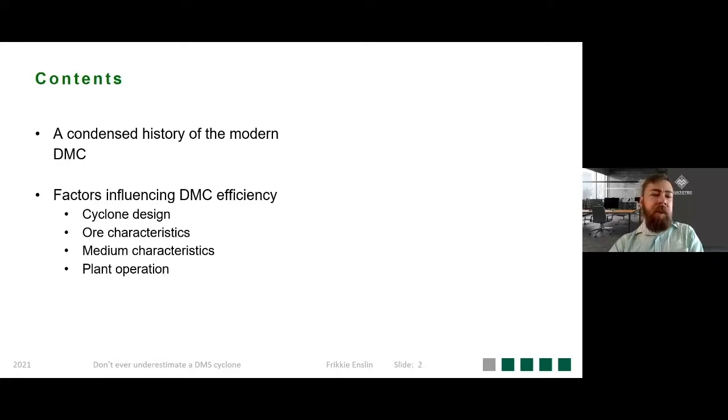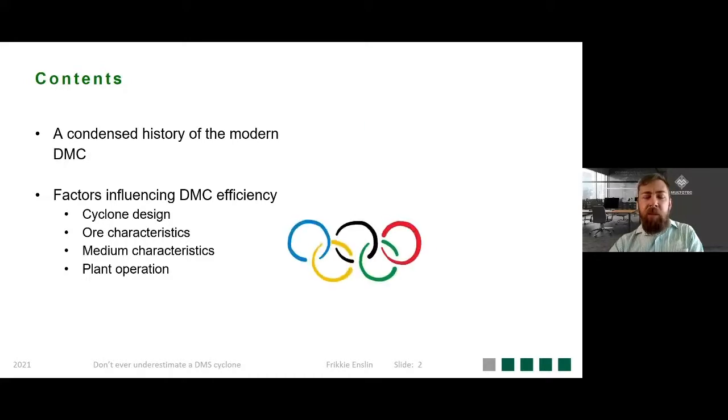I've broadly categorized them under cyclone design, or characteristics, medium characteristics, and plant operation. With the Olympics being part of our recent past and still fresh in our minds, you'll see that a lot of my examples to explain some of the terms use Olympic examples. And then I'll close off with a little bit of a final word.